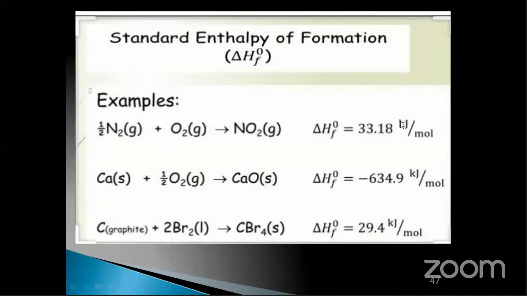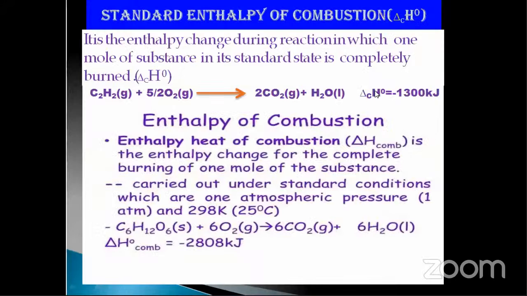Now we'll turn towards the next example, that is the enthalpy of combustion. What is enthalpy of combustion, students? Enthalpy of combustion is denoted by delta Hc. C is for combustion and H0 means it is the standard enthalpy of combustion.